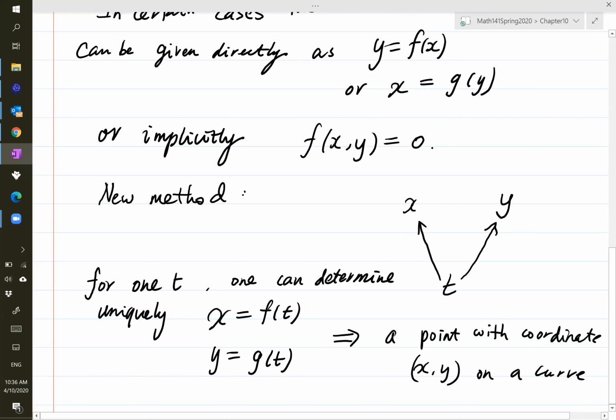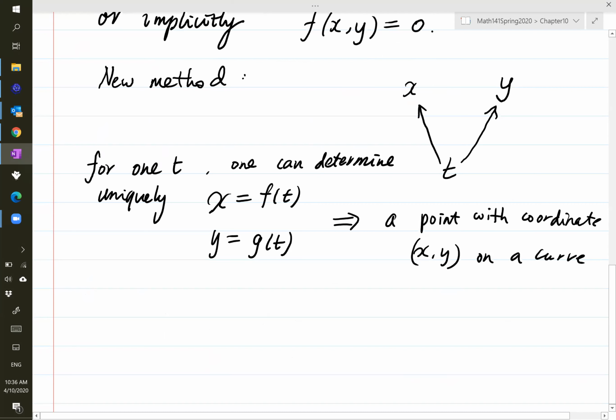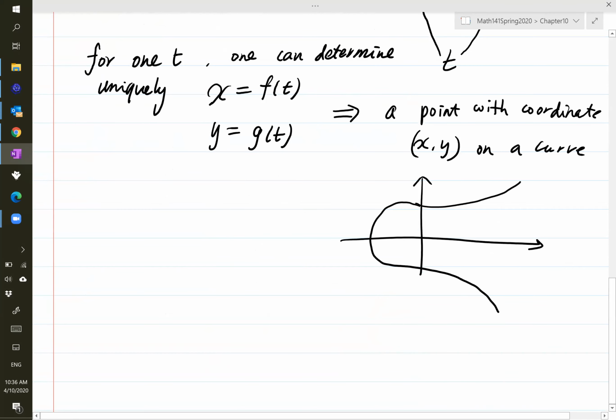The idea is, as we choose one t, we get one point. As we choose another t, we get another point. So finally we use t to determine any point on this curve.